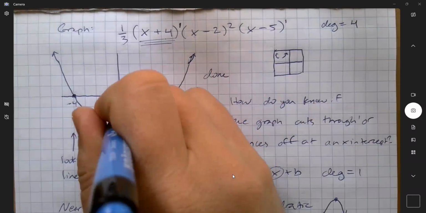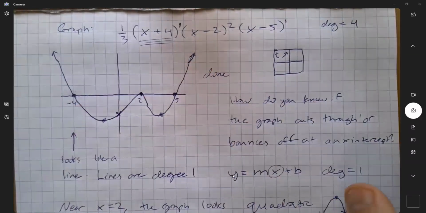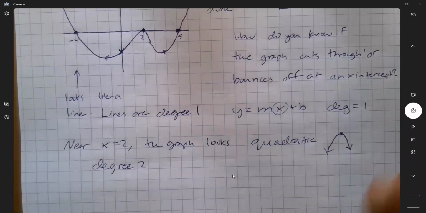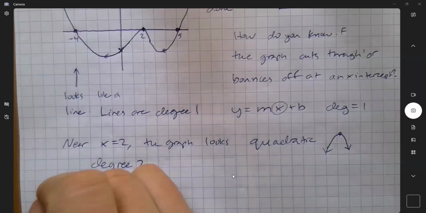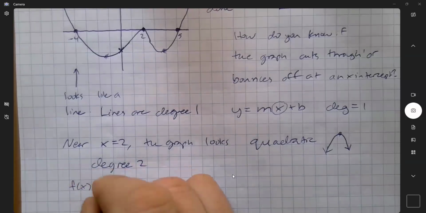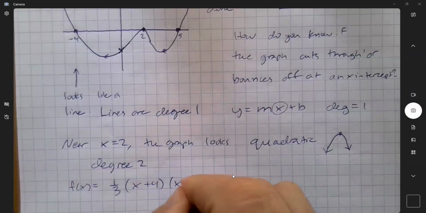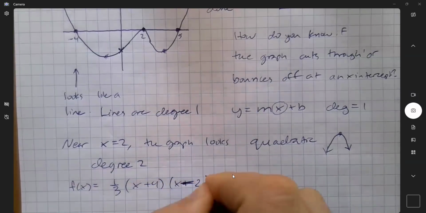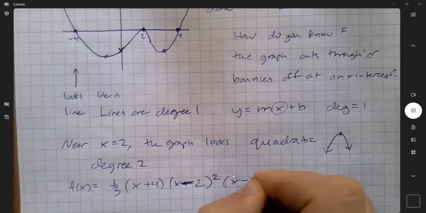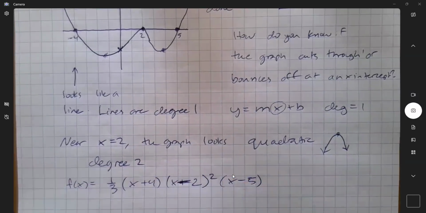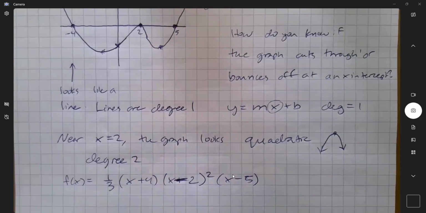Oh yeah, we need to figure out our y-intercept. So to do that, let me rewrite the function. F of x is 1/3 times (x plus 4) times (x minus 2) squared times (x minus 5). And I'm going to put 0 in for x.